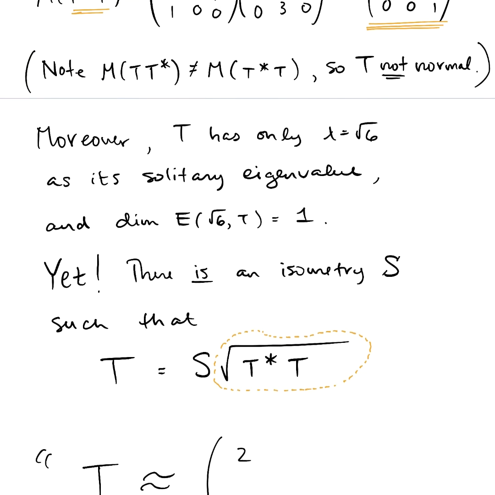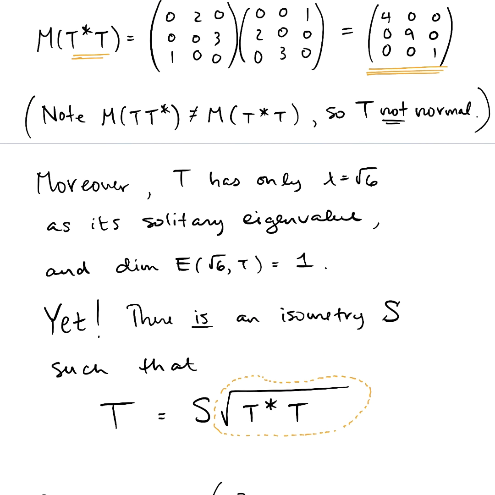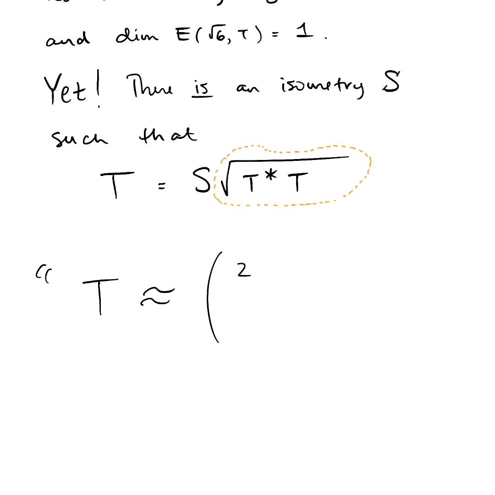2, 3, 1 on the diagonal. So I want to say something like that. That's not a literal equal sign. That is absolutely not T. But man, T is that really pretty matrix modified by an isometry.